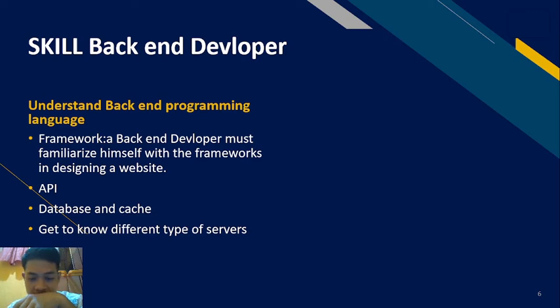Next, database and change. Every website needs a database to handle visitor data. The database will later make it easier for back-end developers to recover, organize, modify, and store data. There are two types of database available in the market, namely SQL and NoSQL.